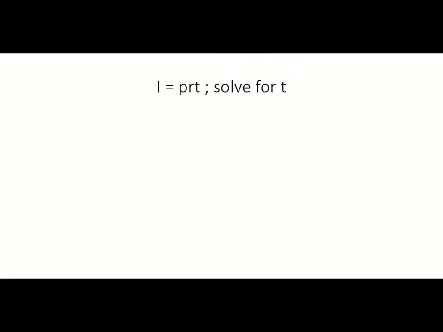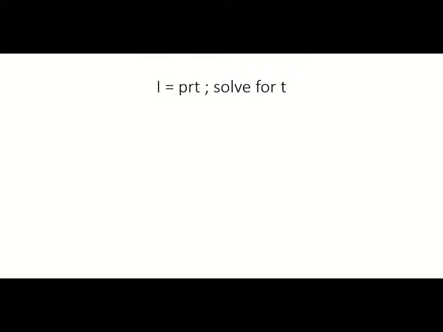For example, in this equation, the I stands for interest, the P for principal, the R for the interest rate, and T for time. So right now this formula will be able to find the simple interest of something, but we want to be able to rearrange it so we can solve it for a different variable in the problem. So in this case, we're solving for t. We want to know the time in this situation.